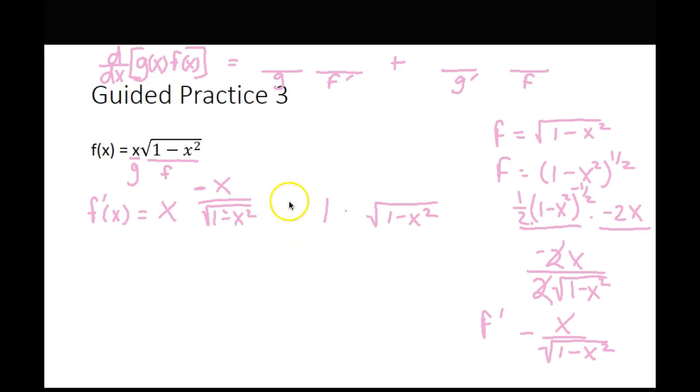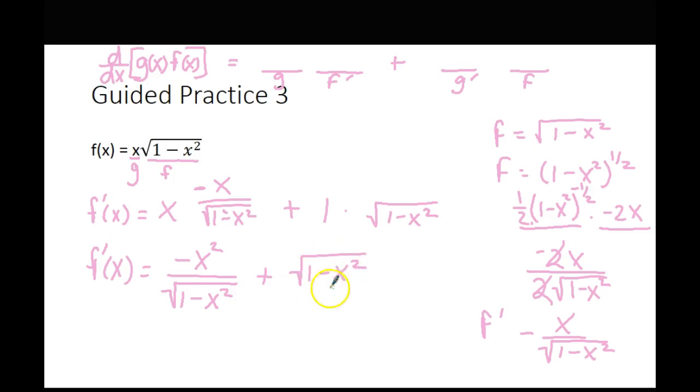Because we need to simplify this before we go any further. All right, so f prime of x is going to be x times x, which is negative x squared. 1 times anything just stays the same. Now, to simplify this further, we need to make this one fraction, and to do that, we need a common denominator.